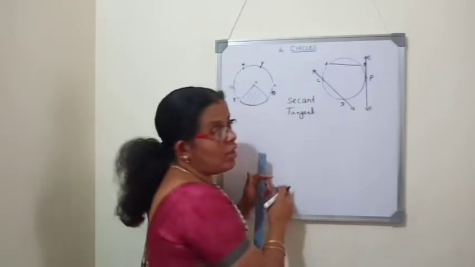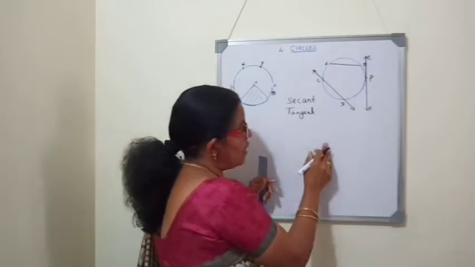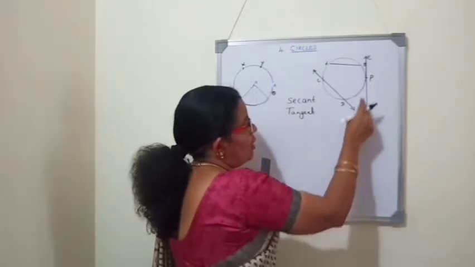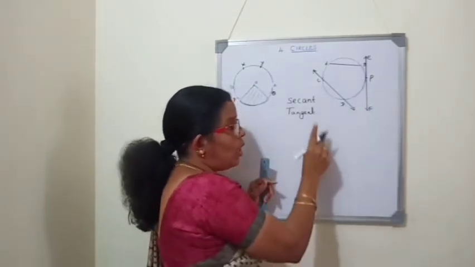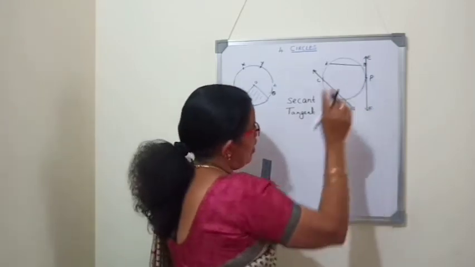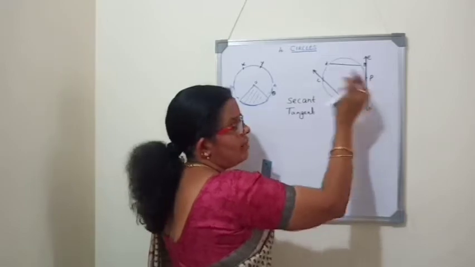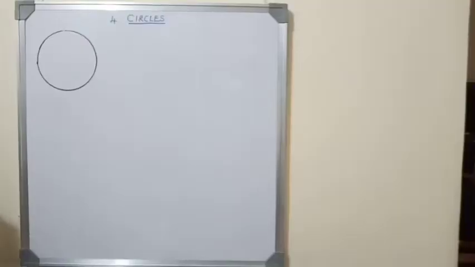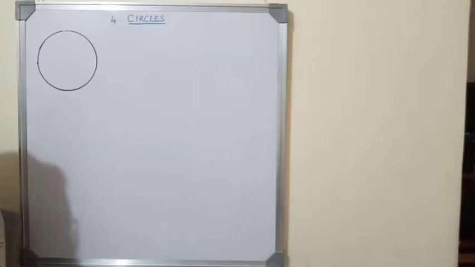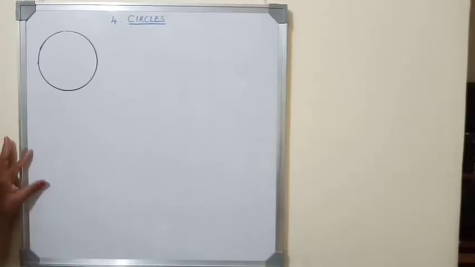T-A-N-G-E-N-T, tangent. So what is a tangent? A tangent is a straight line which will touch the circle only at one point. So did you understand the difference between chord, secant and tangent? So what is a tangent? A tangent is a straight line which touches the circle at one point.